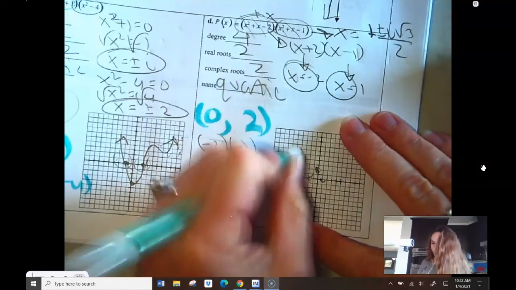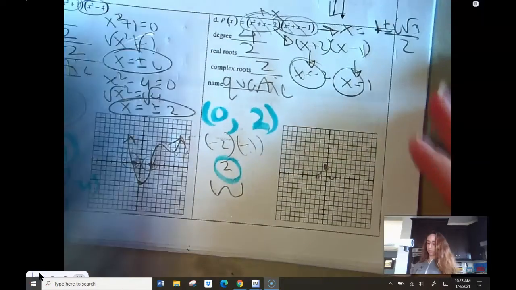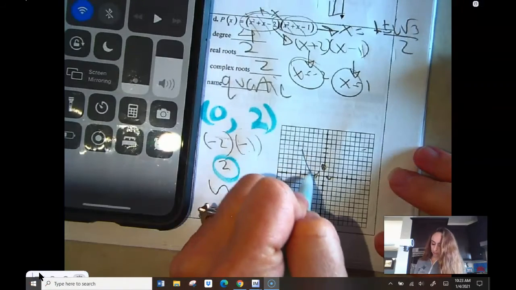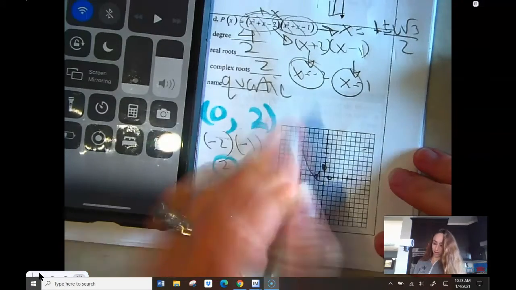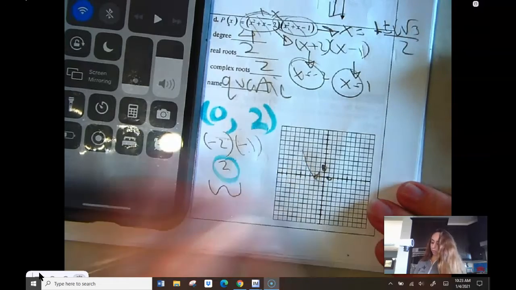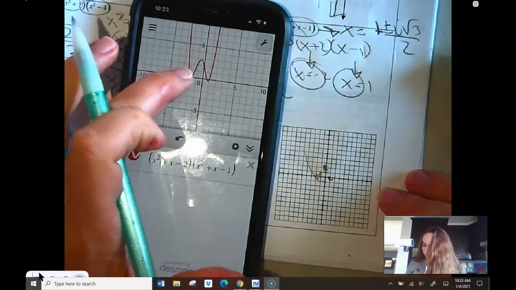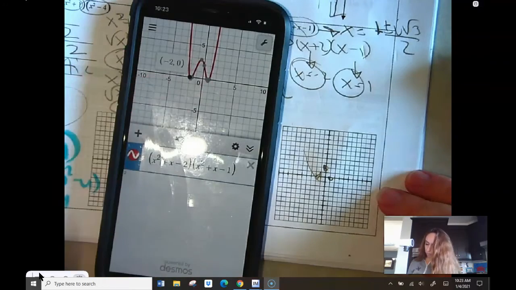This one is not going to be as easy for me. Hold on one second. So to be honest, I was confused because I started going like this. And if I go through, I'm going to go past the y-intercept. So then I went, oh, okay, well, the only way that's going to work is if it's a bounce, but it can't bounce. So if you look, it's kind of hard to see it. But if you click, it's almost like it goes right underneath.